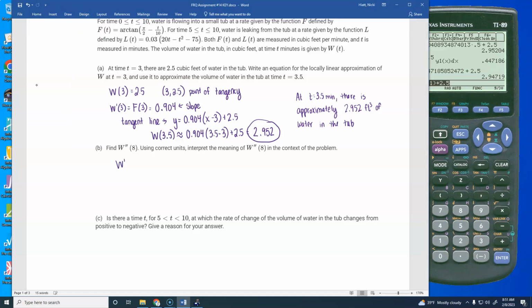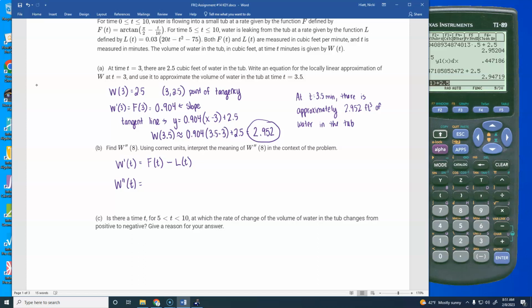So what we want to start with here is W prime of T equals F of T, this is the rate that water is going into the tank, minus L of T, which is the rate at which the tank is leaking. So if we take the derivative of W prime to get W double prime, the second derivative of W, how do we take that derivative?